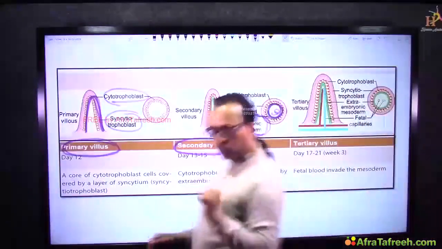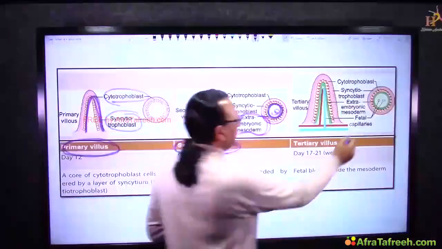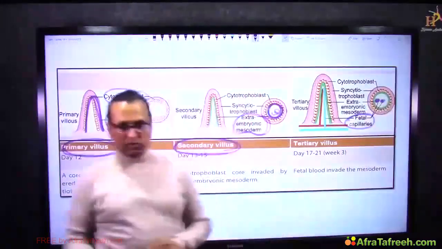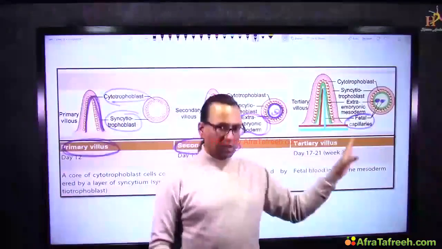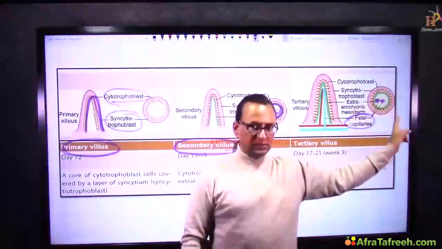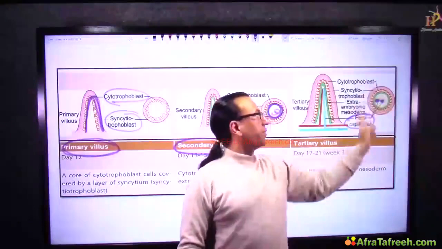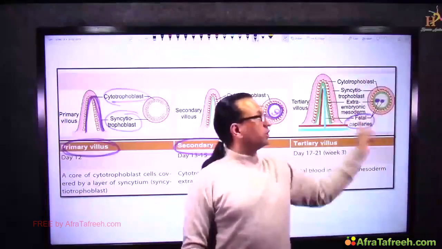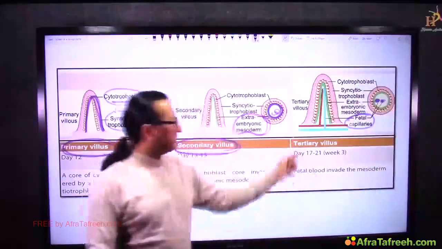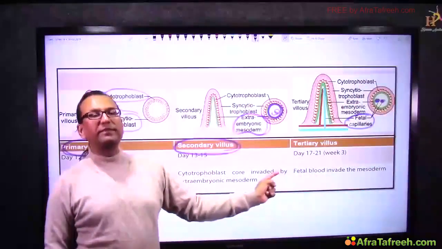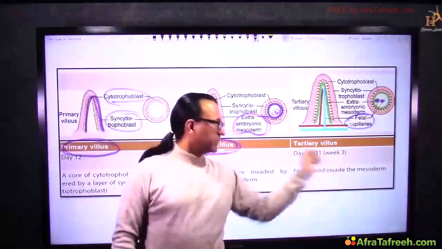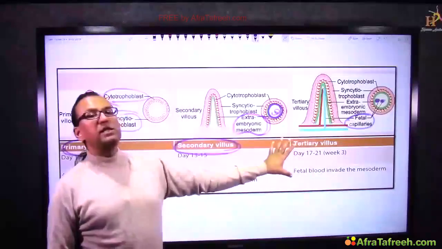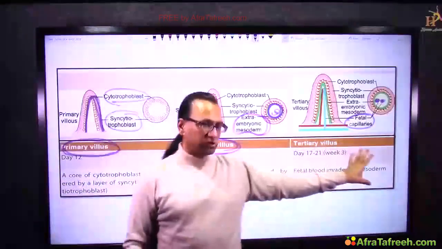In tertiary villus, one more thing has come, and that is the fetal blood vessels. So what are the total components? Fetal blood vessel suspended in the extra embryonic mesoderm, surrounded by cytotrophoblast, surrounded by syncytiotrophoblast. That is the tertiary villus, when it will come, day number 17 to 21. So 17 to 21 means week number 3. Yes, and that's the time when the fetal placental circulation is also established.